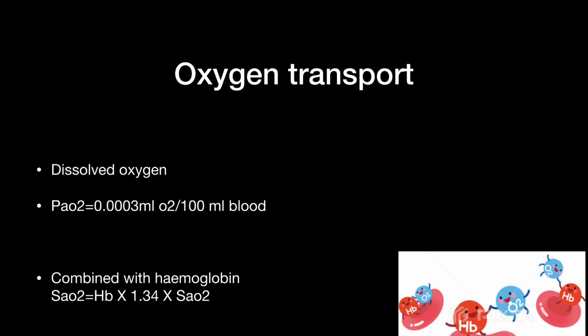Now let's look at the oxygen combined with hemoglobin. That takes place for about 98%, which is the predominant form of oxygen. Each hemoglobin molecule has iron elements, and these iron elements bind to oxygen molecules. There are 4 oxygen molecules which can bind to each hemoglobin. When all 4 are bound, it is 100% saturated.